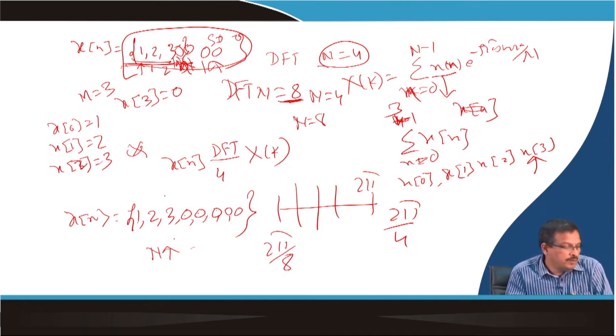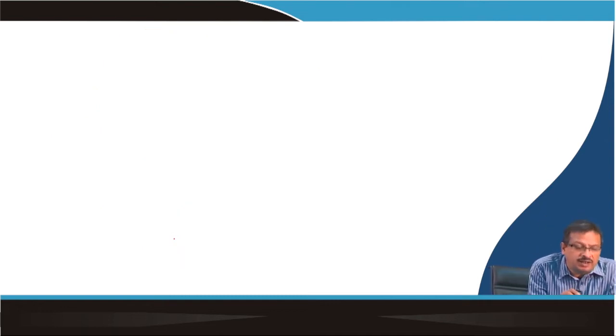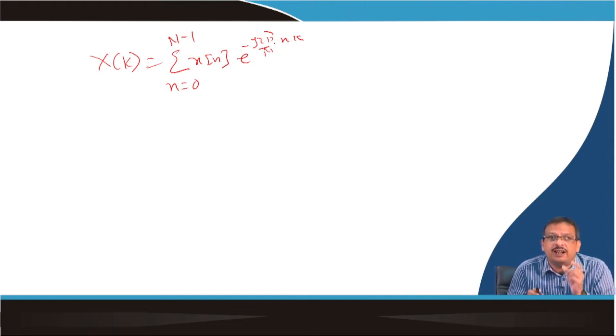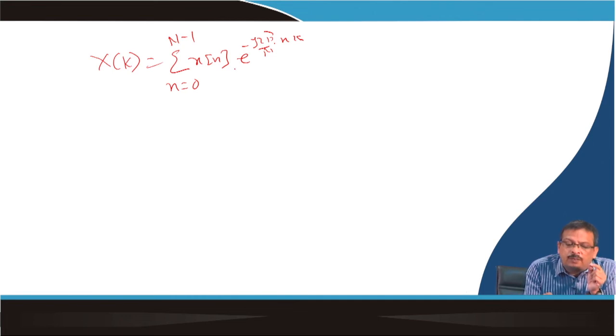As I said, suppose I have X of k, so X of k is equal to the summation over n equal to 0 to N minus 1 of the signal multiplied by e to the power minus j 2 pi by N times nk. Now, regarding computational complexity, this is a complex number.